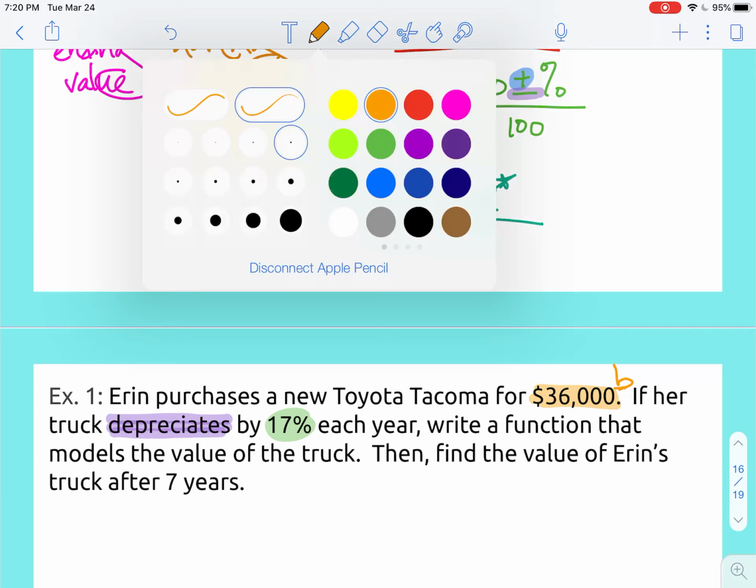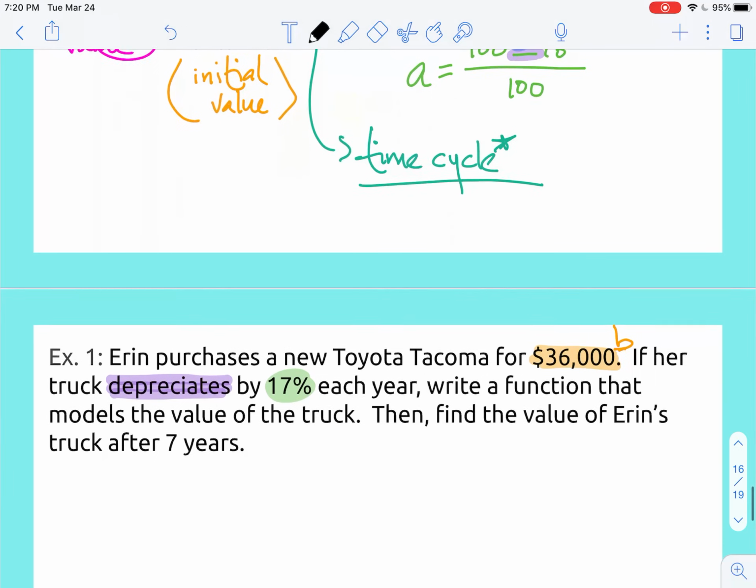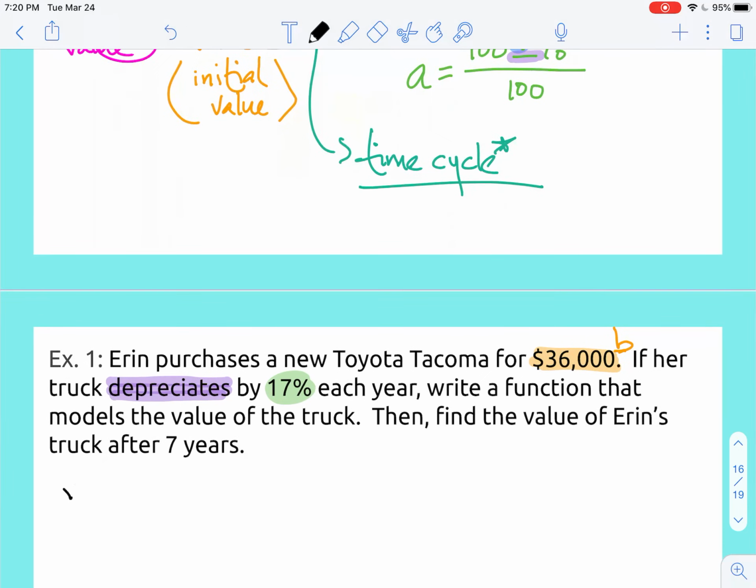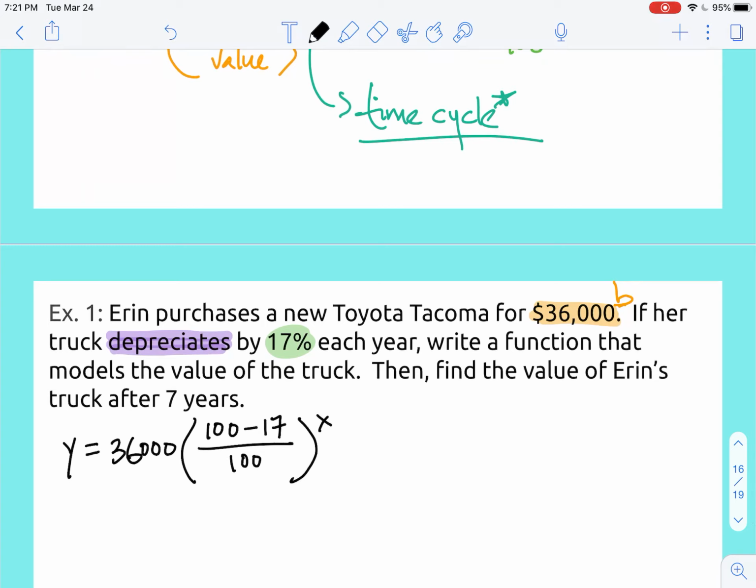So now we're going to write our equation. y equals our starting value times 100. Now, I should do not the plus, but a minus, because my car is losing value. So 100 minus 17 over 100, and I'm going to raise that to the power of x.